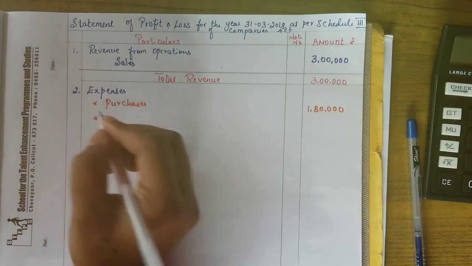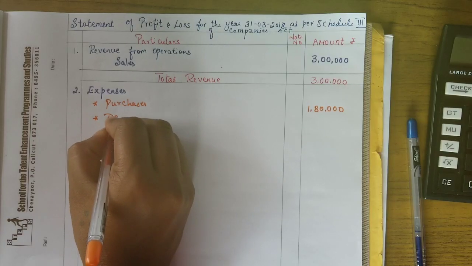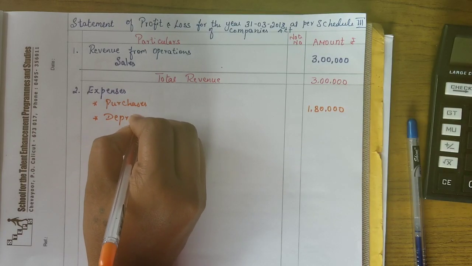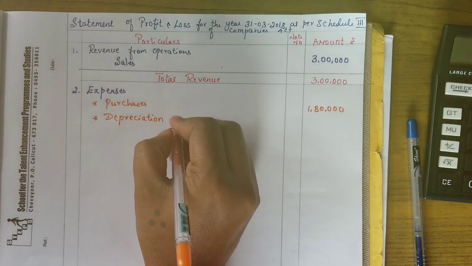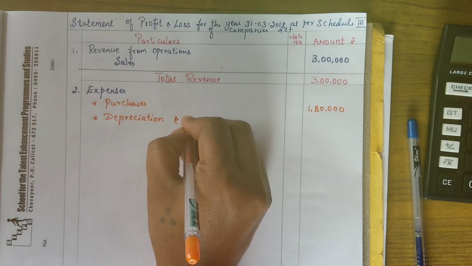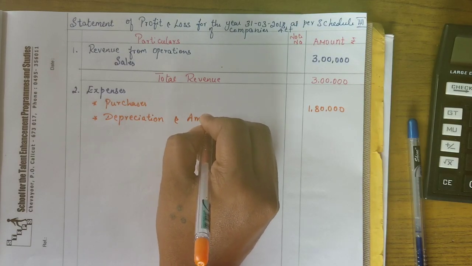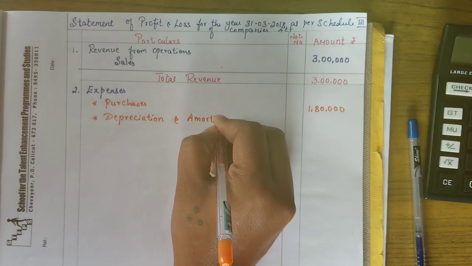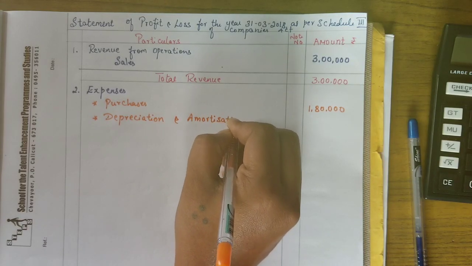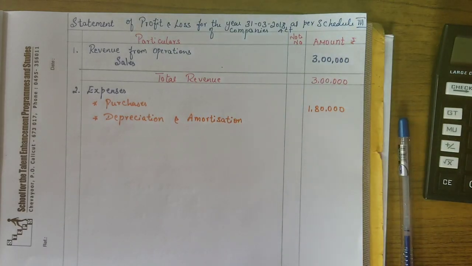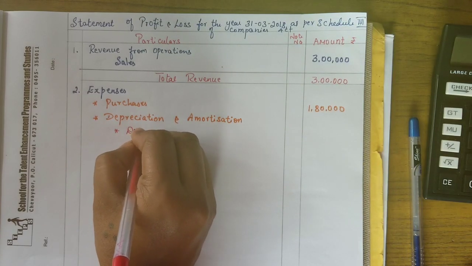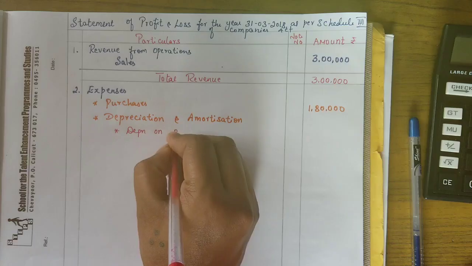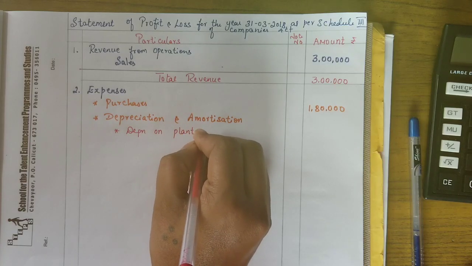So let me write the heading, depreciation and amortization. Below this we can write depreciation on plant and machinery.